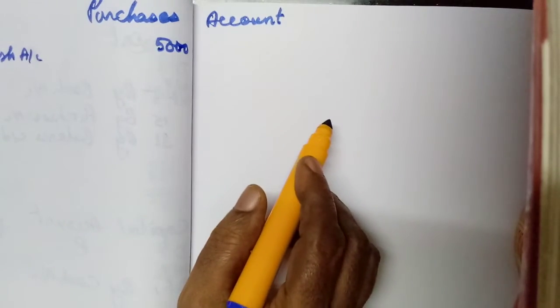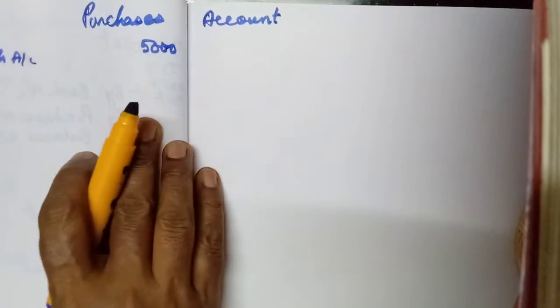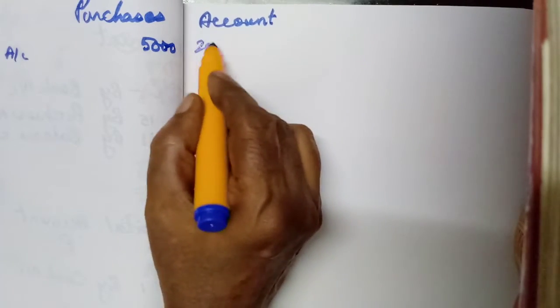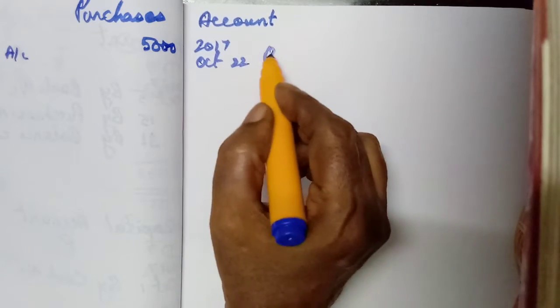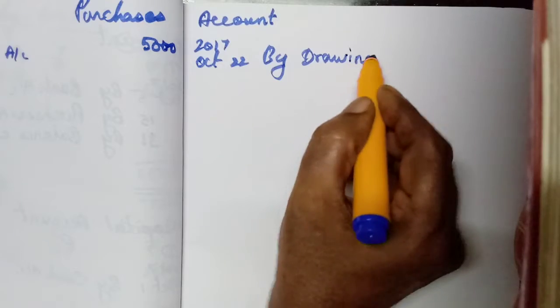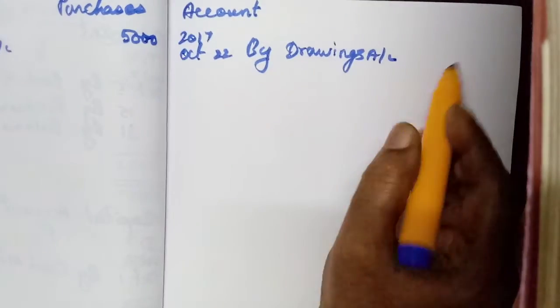Then you see the last one, goods worth 500 taken for personal use. There we have credited purchases account. So we have to post on the credit side. Okay, date 22 by drawings account. By drawings account 500.